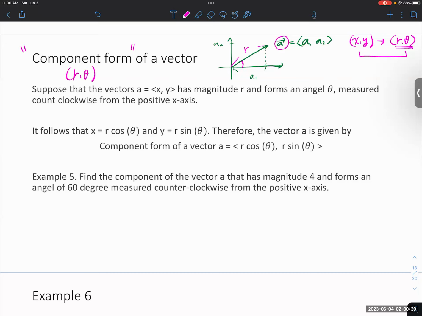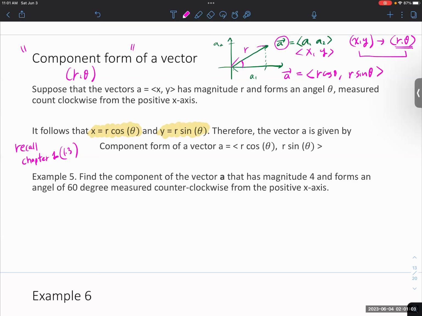According to the Pythagorean theorem, if you recall chapter 1, polar, 1.3 and 1.4, we proved that x is equal to the radius times the cosine theta, and y is equal to r times the sine theta. Am I correct? So this is x, this is y. Vector A is the same as r times cosine theta, r times sine theta.